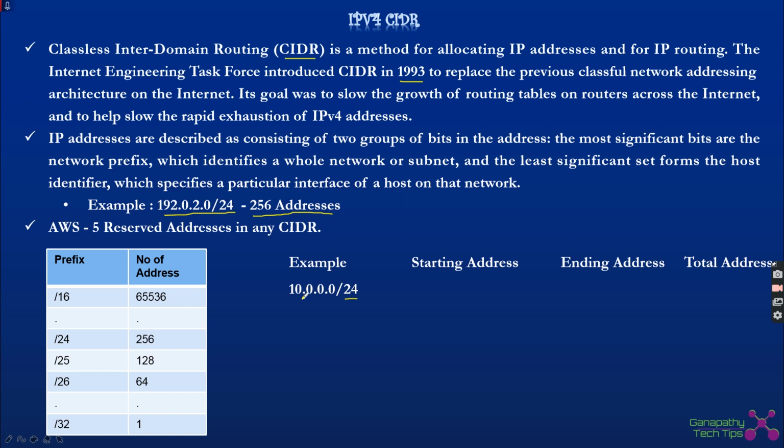So obviously it is going to be 10.0.0.1 and then the ending address will be 10.0.0.254. That will give me 256 addresses. You need to subtract 5 out of this 256, so we will be getting 251 addresses in the case of AWS.